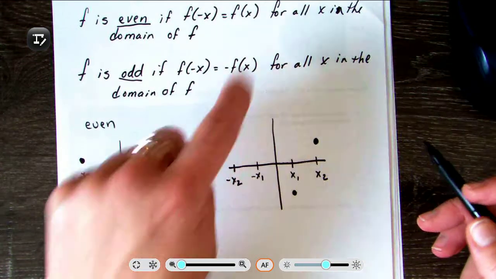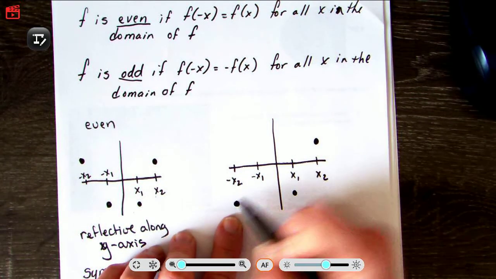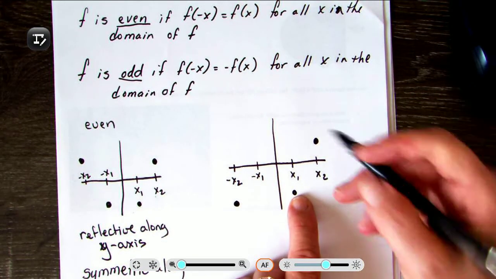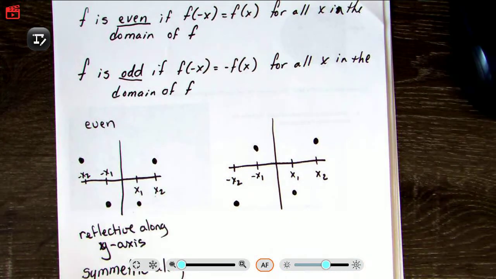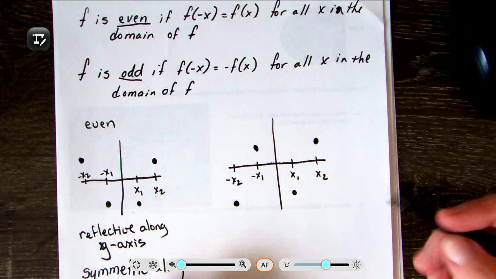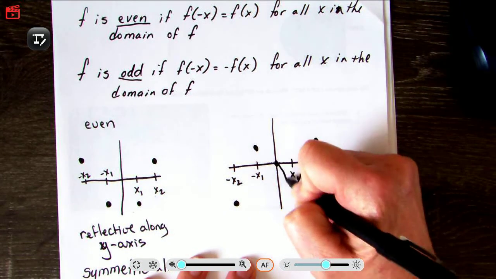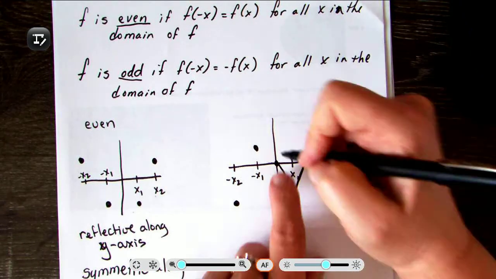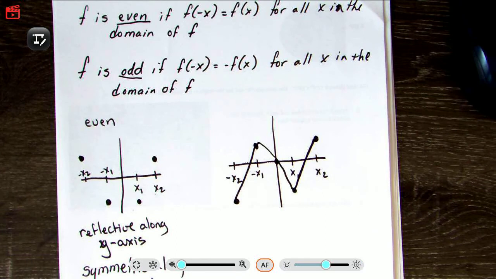If this was a positive, this one's got to be a negative. If this was a negative, it's going to be a positive. So it's going to flip. These are drawn really hard to see, so maybe I should put some more in here. So let's put 0 in there. So we have this thing going on, flipping and looking a little bit that way.